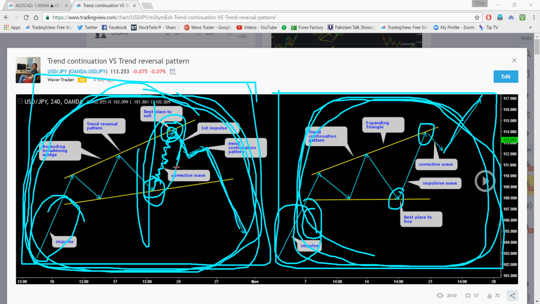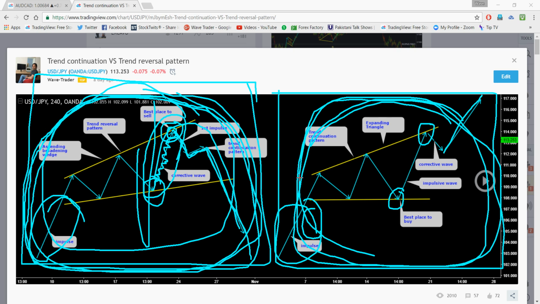This classic chart pattern gives us an indication that price is going to reverse into the other direction, and this pattern gives us an indication that price is going to continue with the previous trend.